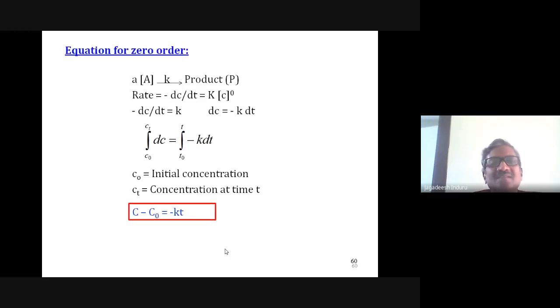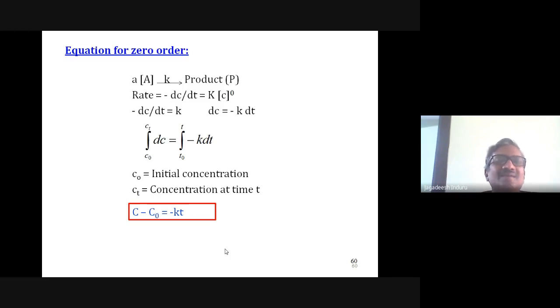So the change in the concentration of A, or the change in the concentration of P, is directly linked with the constant k, because C to the power of 0 is equal to 1, so it is constant. The change in the concentration of either product or reactant is constantly changing with time.